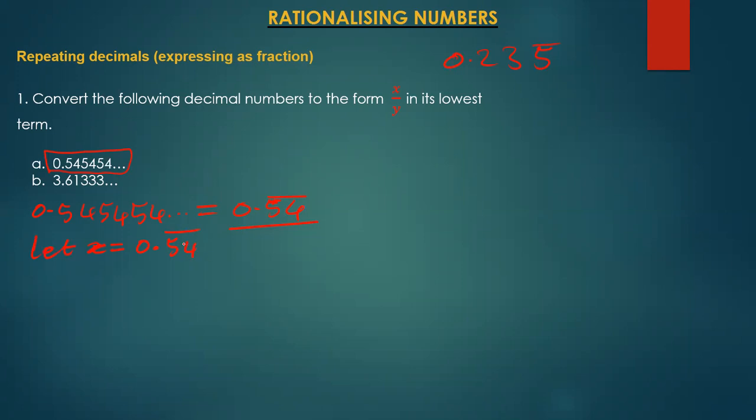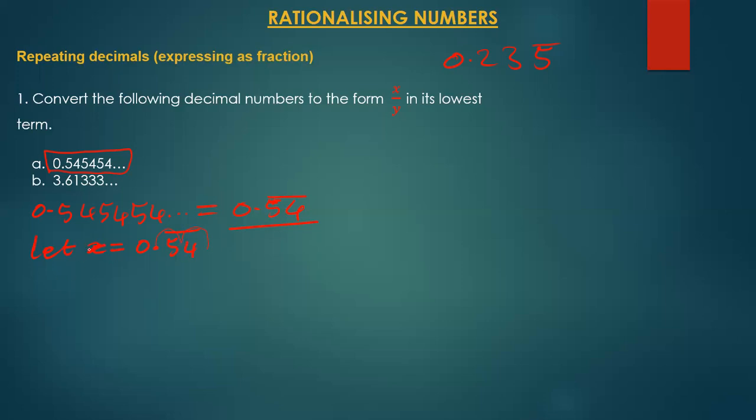The third step is moving the point so that it covers all the repeating numbers. We move it 1, 2 steps to cover the repeating numbers, so we multiply the whole equation by 100.